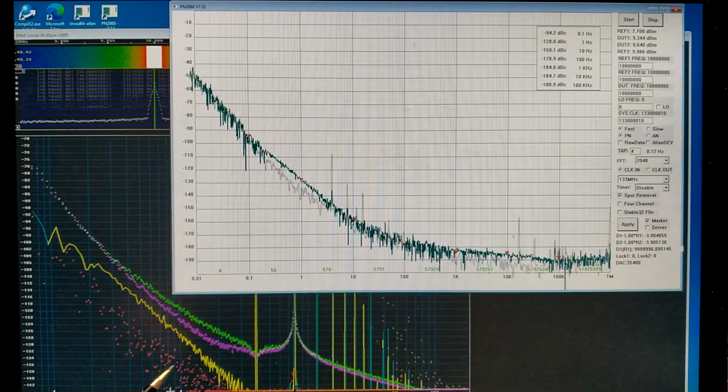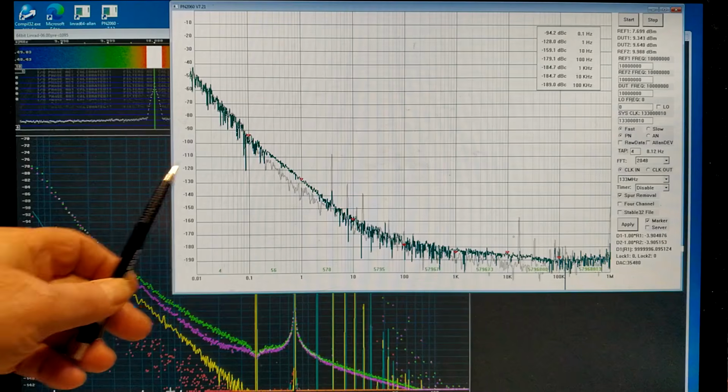If I look in Linrad, it looks the same. At 0.1 Hertz, I cannot even read it properly. It comes out negative here, and the imaginary part is very close. But at 0.1 Hertz, I would guess here, that's minus 96.